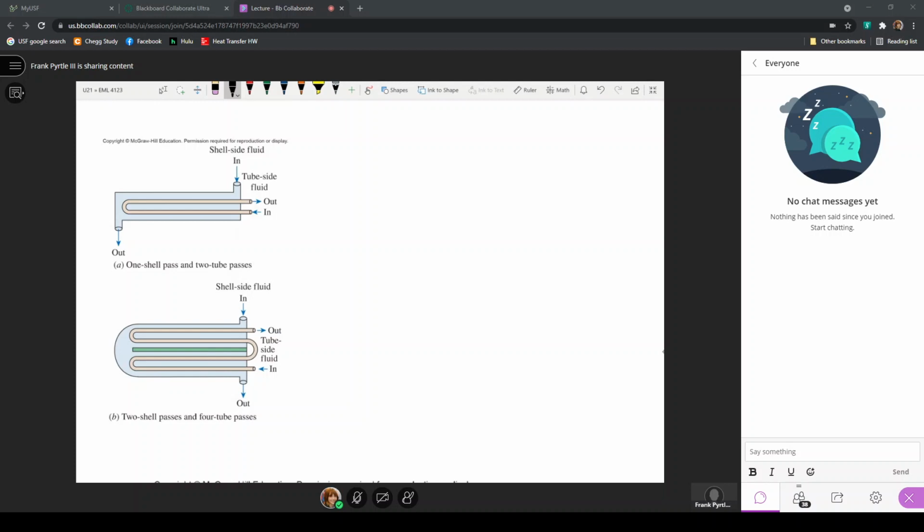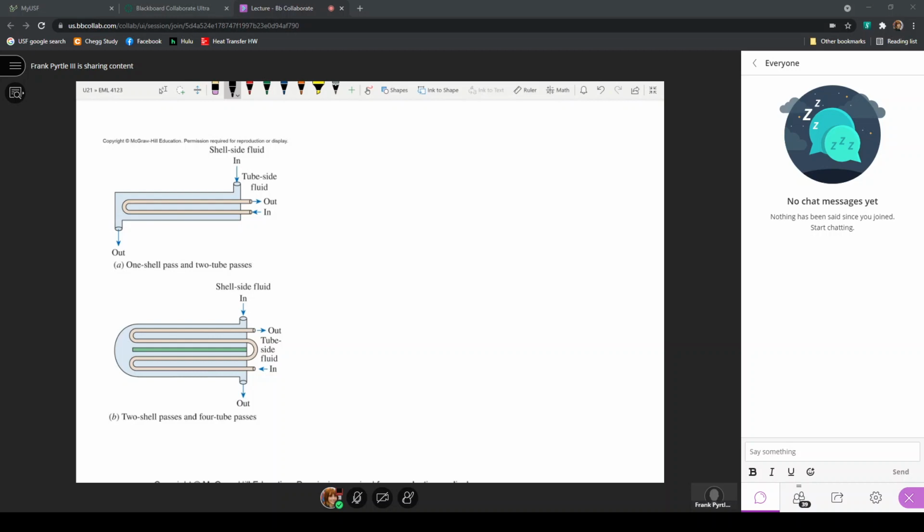So here, this would be 4 tube passes with 2 shell passes. Again, this identification of the number of shell passes and tube passes is going to be important for the expressions that we'll use that relate heat transfer and temperatures associated with the heat exchanger.